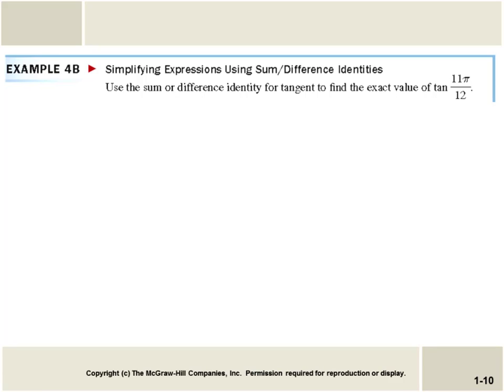Who knows how to find? You know how to find them? Oh yeah, you have to keep the tangent. That's not changing. Tangent is tangent. But we don't know the tangent of 11 pi over 12, right? This is a non-calculator problem.